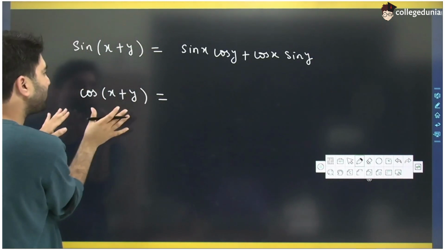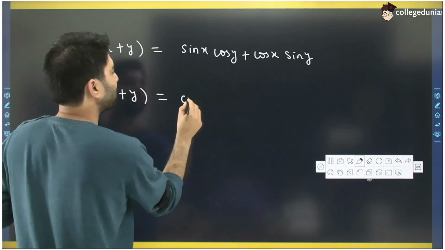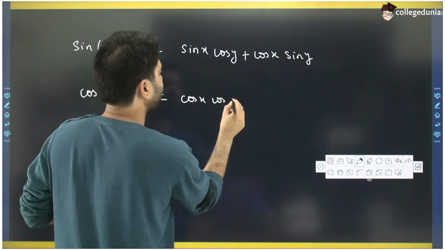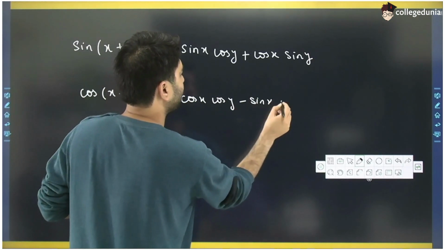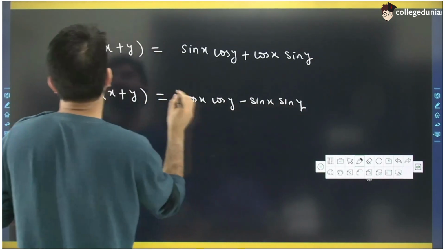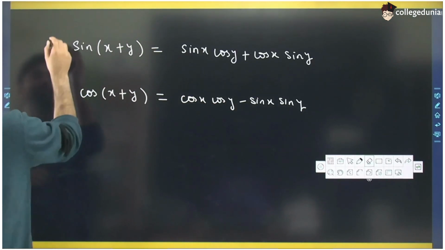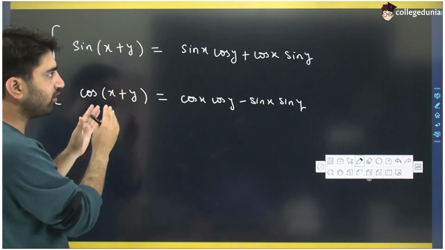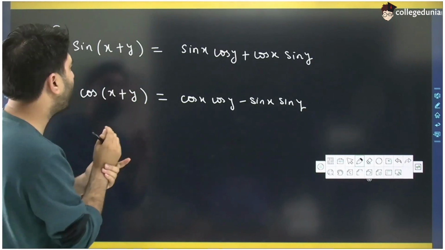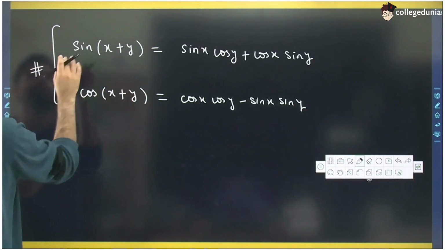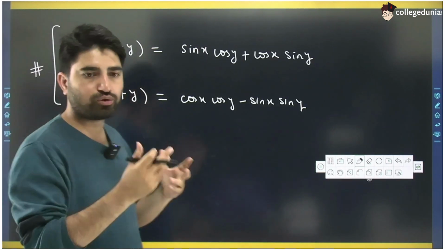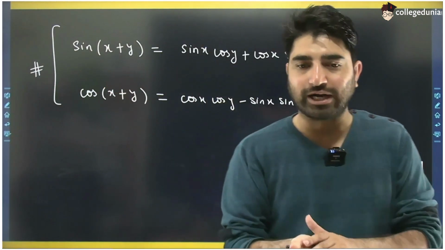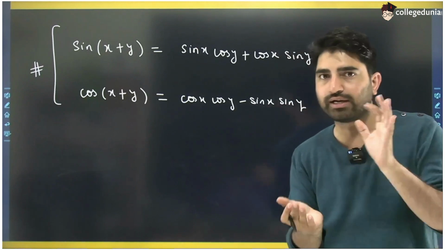And the formula for cos x plus y is cos x cos y minus sin x sin y. I can make a separate video on the derivation of sin x plus y and cos x plus y. It has around a 15 to 20 minute derivation. So these are two important formulas which are used for the derivation of sin 2x, cos 2x, tan 2x, sin 3x, cos 3x and tan 3x.